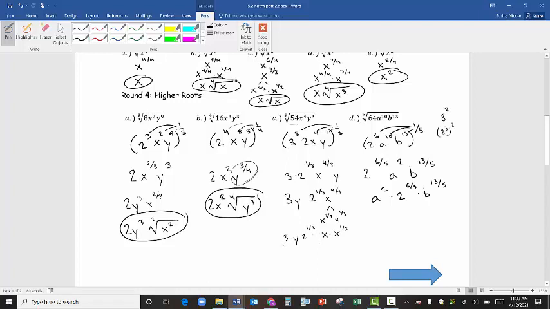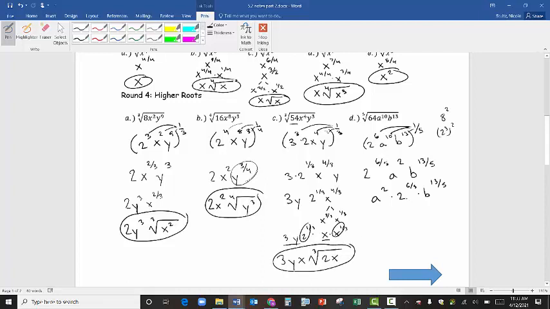So now what I want to do is have my 3, my y, and my x out front. And I want to put 2 to the 1/3 and x to the 1/3 inside a radical. So I can actually just draw one cubic root, and inside I want to place 2 to the 1st and x to the 1st. So this is going to be my answer.